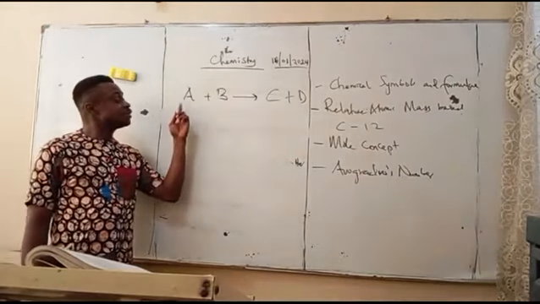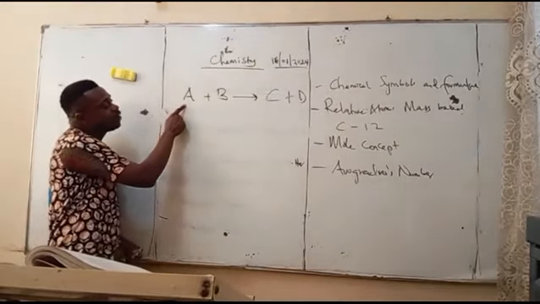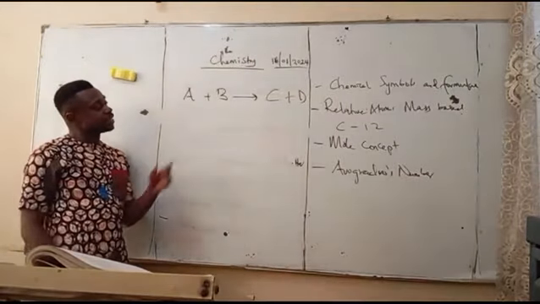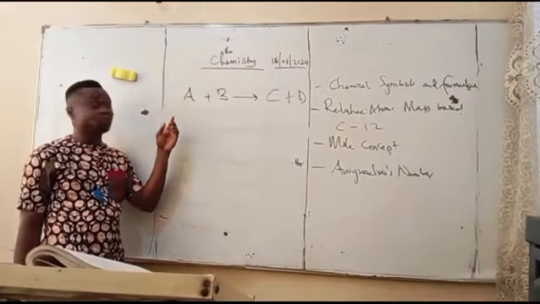So this is when you look at trying to find out how the amount of this. That's why sometimes, if you have a balanced equation, that's when you understand it better.